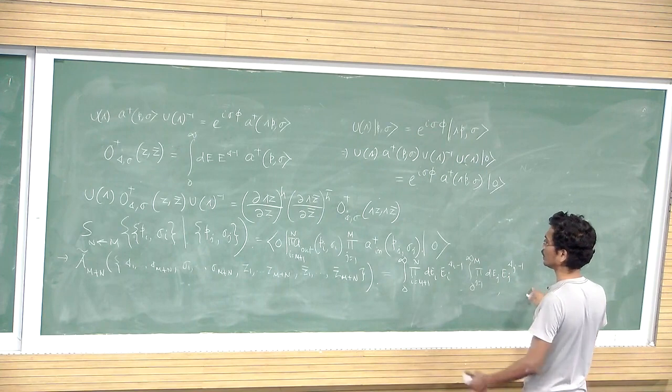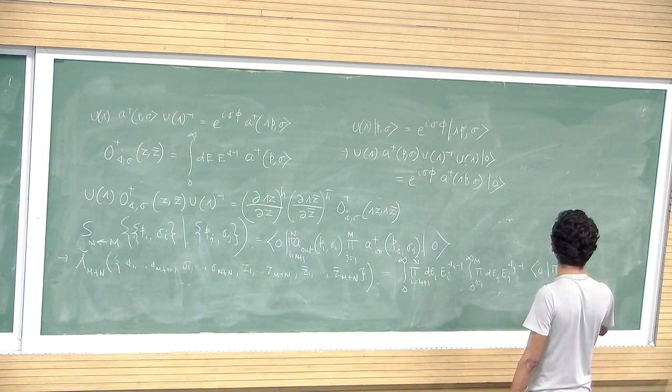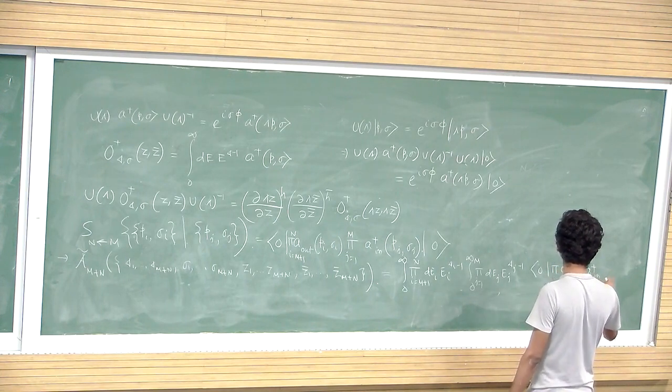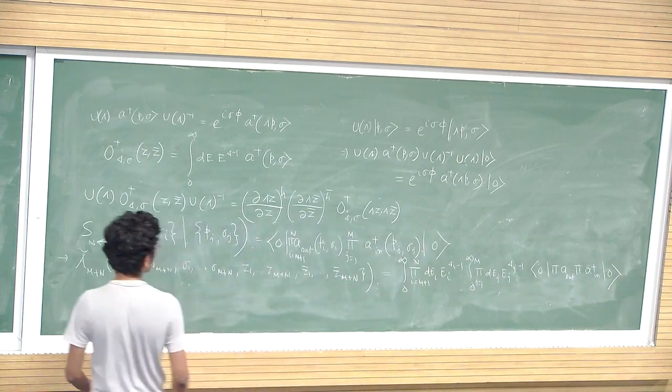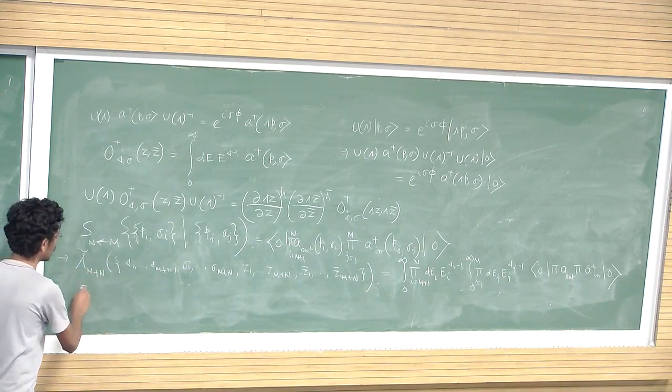Then this thing, 0, product of A out and product of A dagger in. This is just I have made a Mellin transformation.